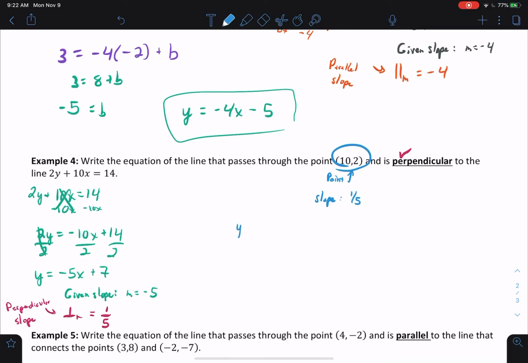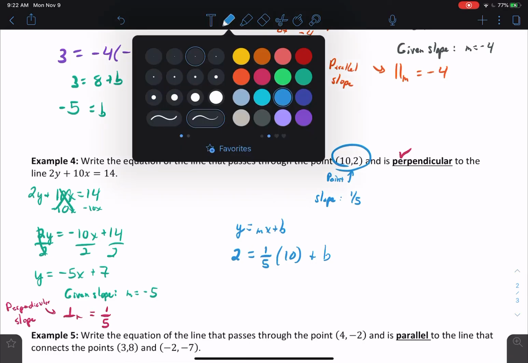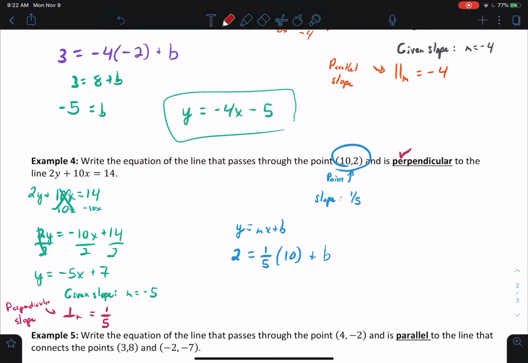So we've got y equals mx plus b. Let's plug in what we know. We know the y coordinate is 2. My slope needs to be 1/5, the opposite reciprocal. The x coordinate is going to be 10. I do not know my b value. So what's 1/5 times 10? I can put 10 over 1 and cross cancel. 1/5 of 10 is 2.